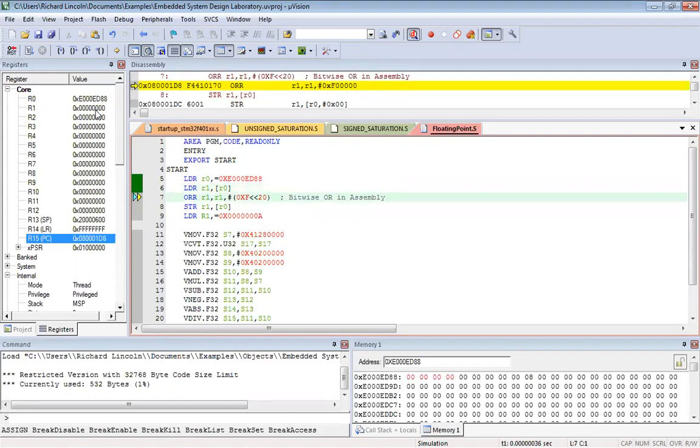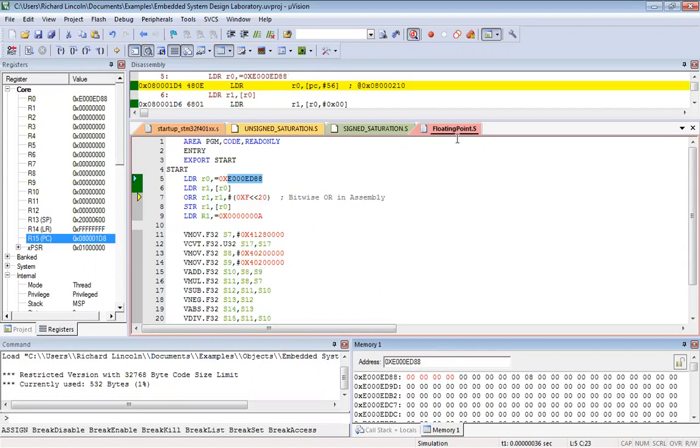R1 is 0, you can see here, and I have given the address E000 ED88 in the memory, and you can find that these zeros have come here, which is in red. Initially it was not there, and these zeros are moved right now. That's why you can see the color difference between black and red.